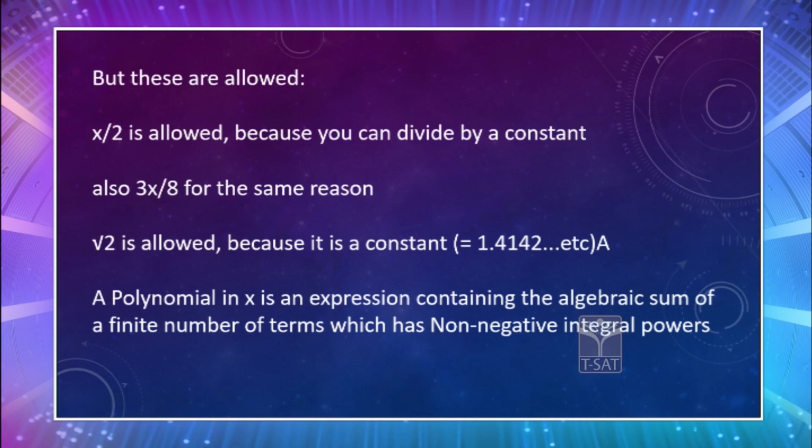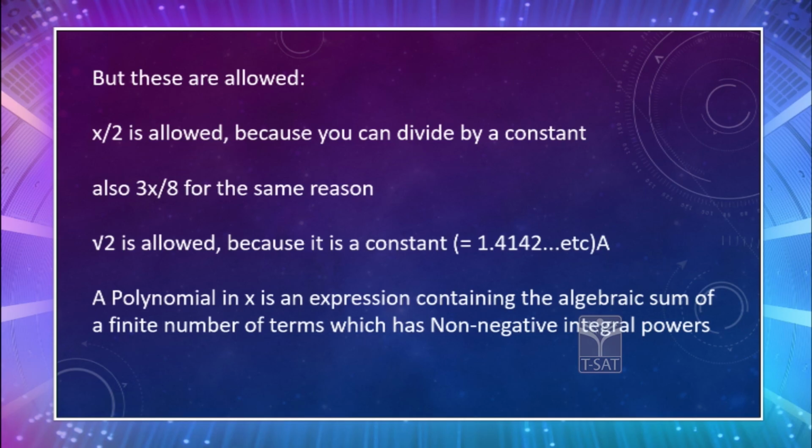Here x is the numerator and 2 is in the denominator. 2 is a constant, a numerical, so you can divide; it is allowed. 3x by 8 is allowed for the same reason, and root 2 is allowed. The previous one, root x, is not a polynomial, but root 2 is allowed because root 2 is a constant, as you know its value is 1.414 and so on, because it is an irrational number.